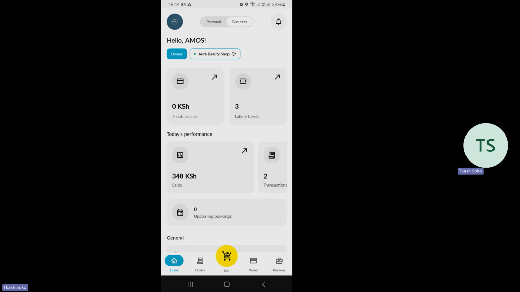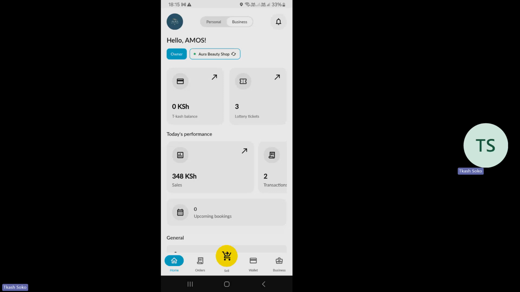The training today will be on cash sales, records, and statements. You're going to learn what cash sales refer to, how the records are kept, and how you can get the statements helping you make informed decisions in your business.